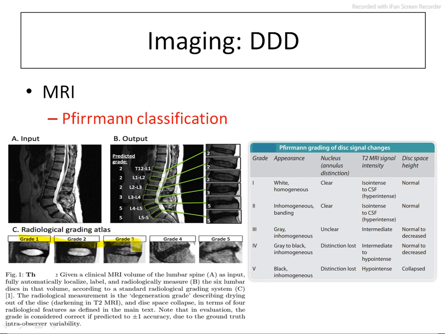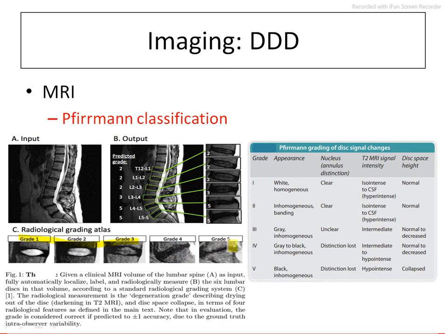But in grade 3, it is a bit unclear. It is inhomogeneous. In grade 4, you see the height of the intervertebral disc is gradually decreasing, and it is inhomogeneous, unclear and indistinguishable.